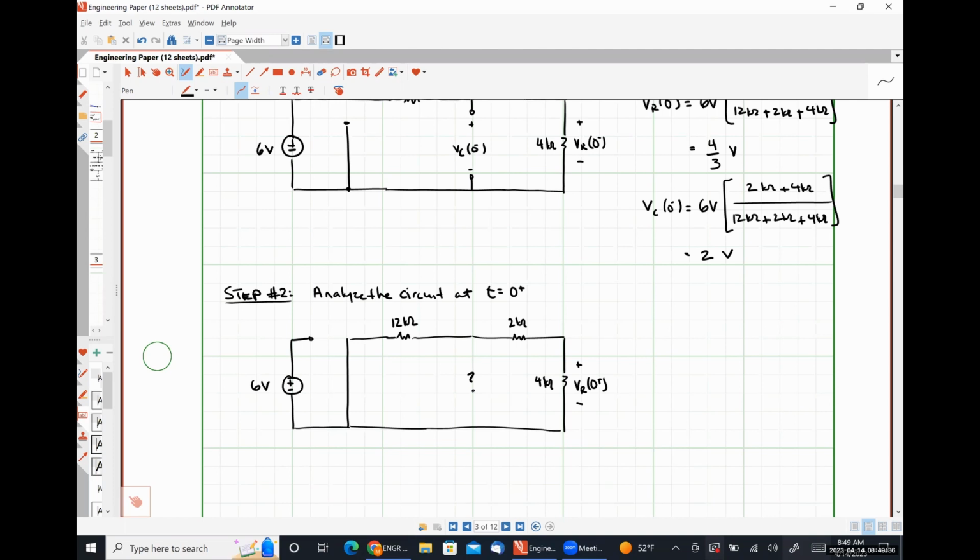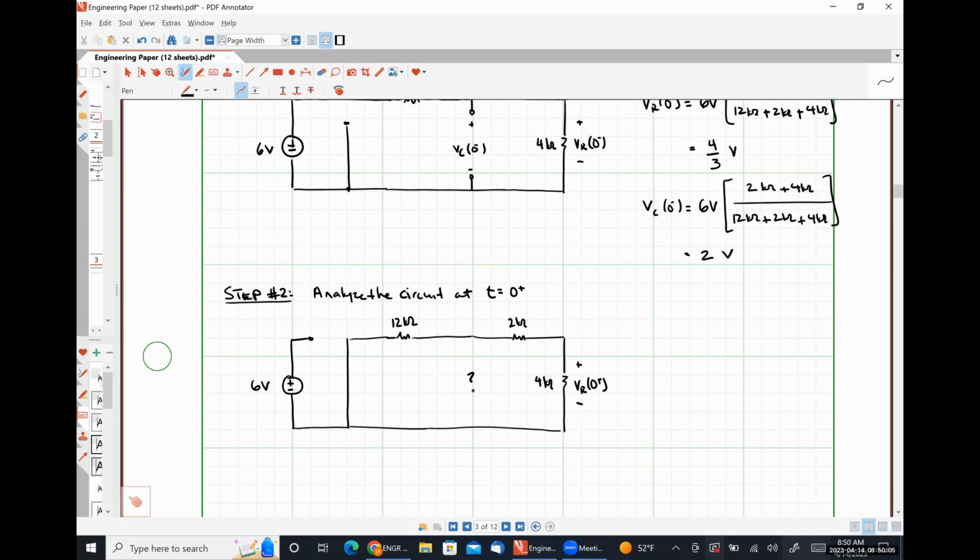So at this very specific instant in time, we know that there is a 2 volt drop across the capacitor, regardless of any other information. So I argue that at this very specific instant in time, the capacitor is behaving like a 2 volt voltage source because the voltage is fixed and whatever amount of current needs to be flowing through it can flow through.